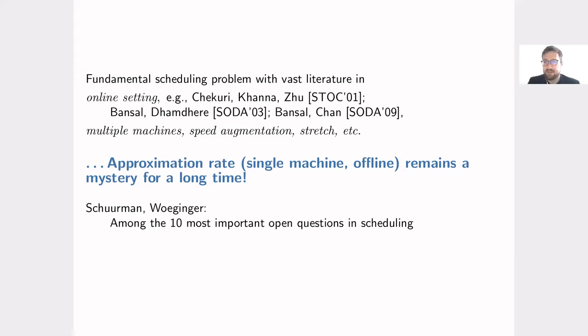And this is also considered one of the most important problems in scheduling. For example, in a classical survey on the most important open questions in scheduling, Schuurman and Woeginger listed this among the 10 most important open problems.